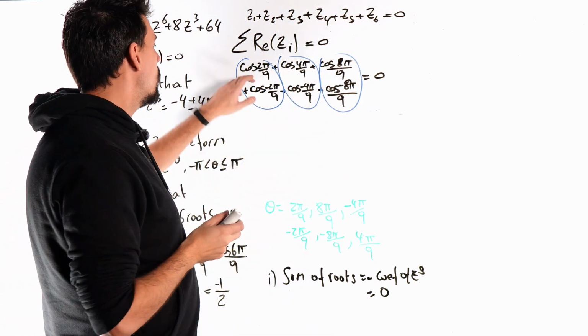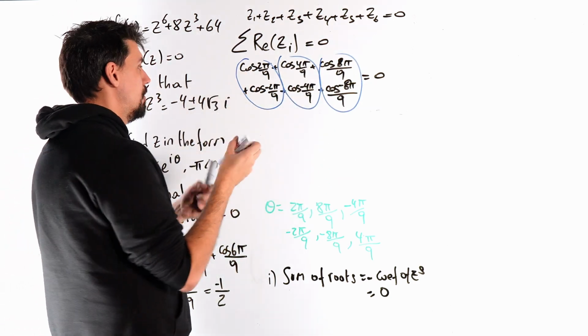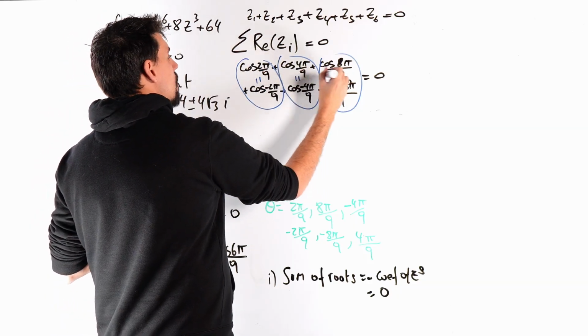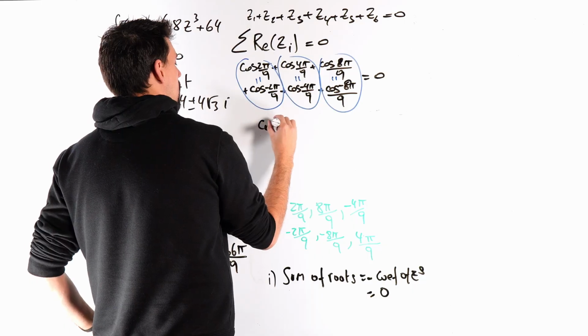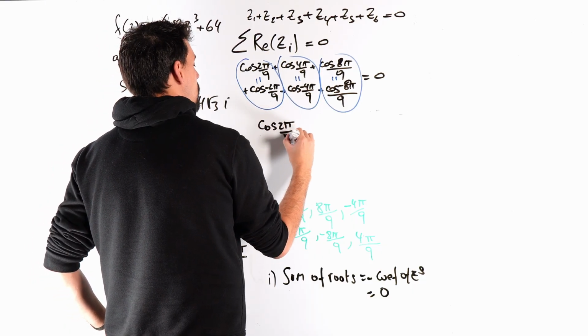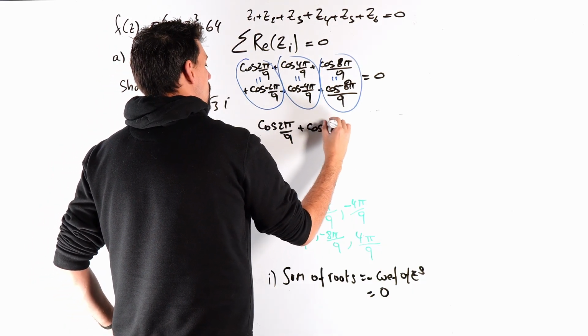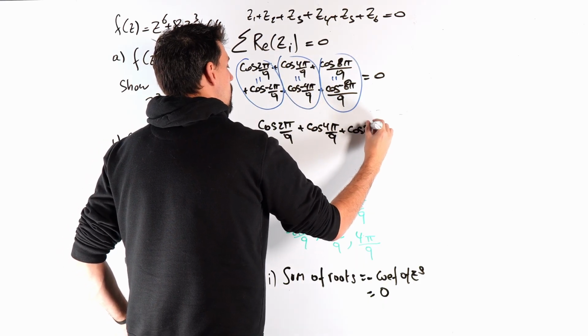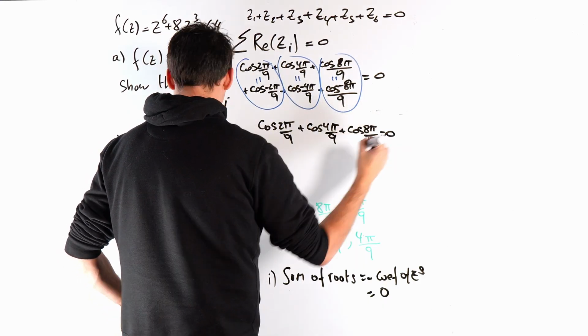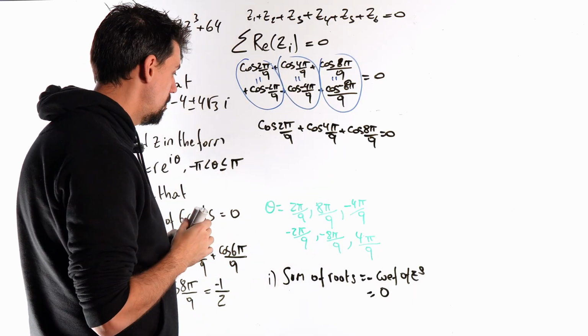They are the same. Cos of 2 pi over 9 is equal to cos of minus 2 pi over 9. So that does tell me that cos of 2 pi over 9 plus cos of 4 pi over 9 plus cos of 8 pi over 9 is equal to 0.